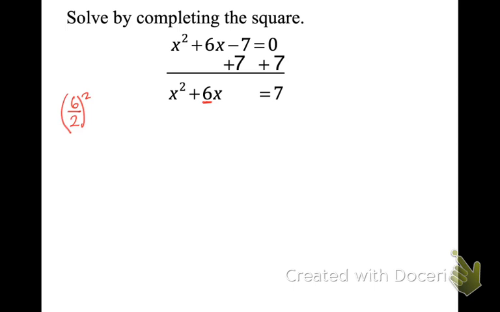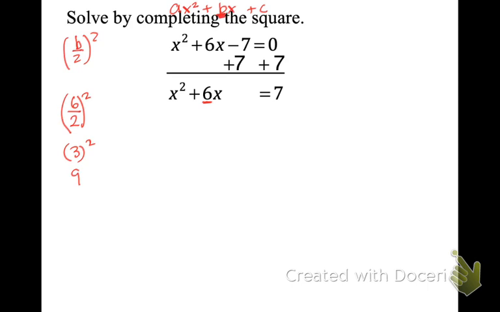I always take the middle term's coefficient, so b divided by 2 and then squaring it, if that was ax squared plus bx. I'm always taking whatever the coefficient of x to the first power is. And so then we get 3, we have to square it, and it becomes 9.